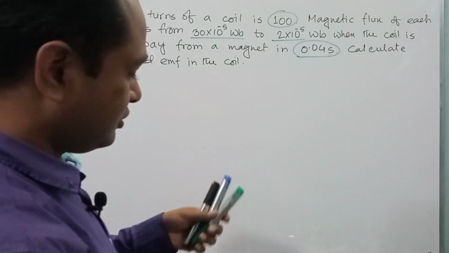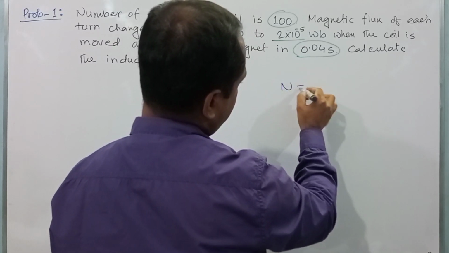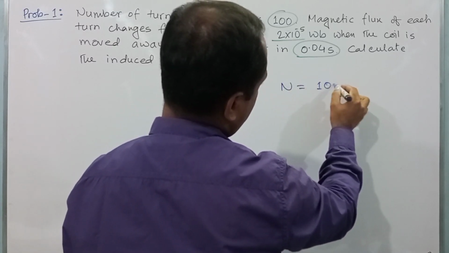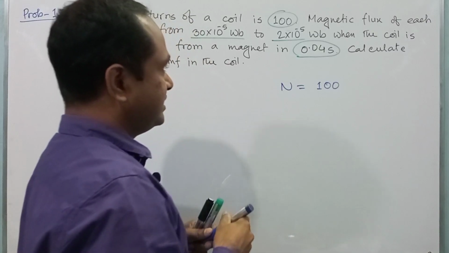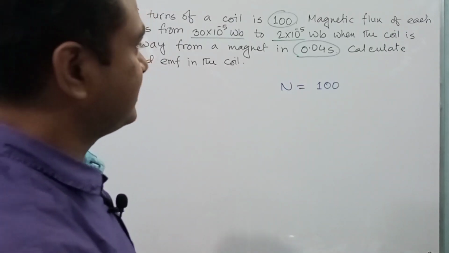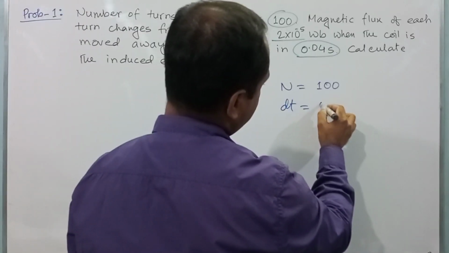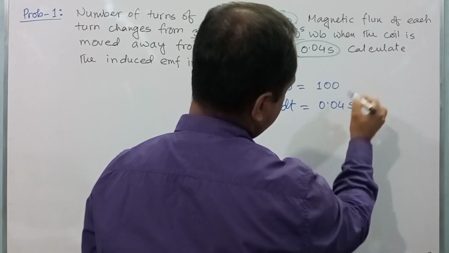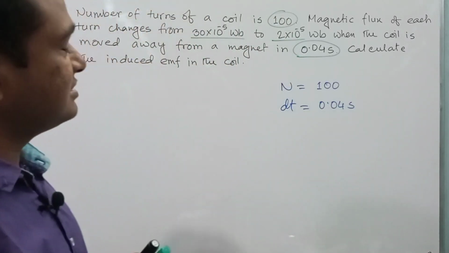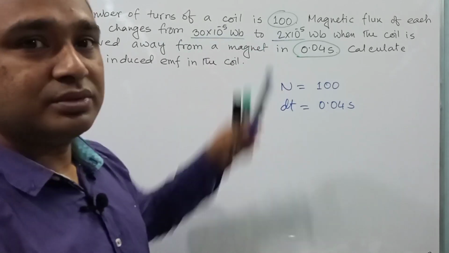Here the number of turns n is equal to 100, right? The required time to change the magnetic flux, dt, is equal to 0.04 second, and the magnetic flux changes from 30 to 2.